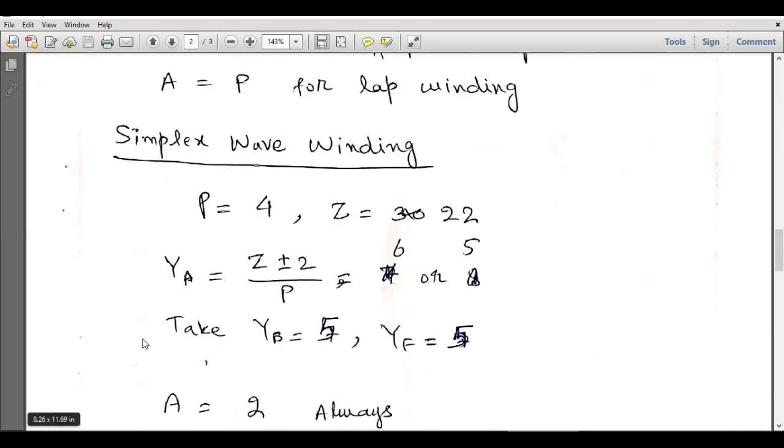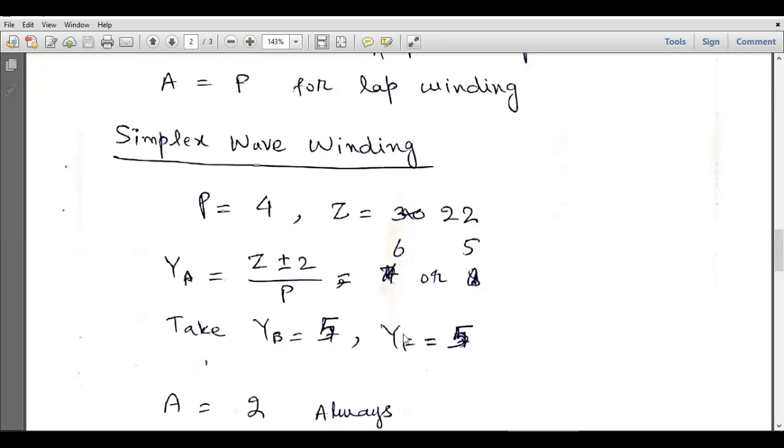And in that case, the pole pitch will be calculated by assuming yp equal to (z plus or minus 2) divided by p. So either you can add 2 and then divide by the number of poles, or you can subtract 2 from z and then divide by the number of poles. So the pole pitch in this case can be either 6 or 5.